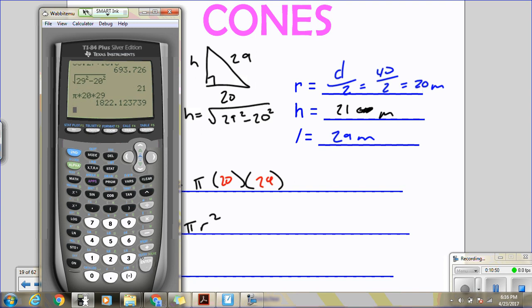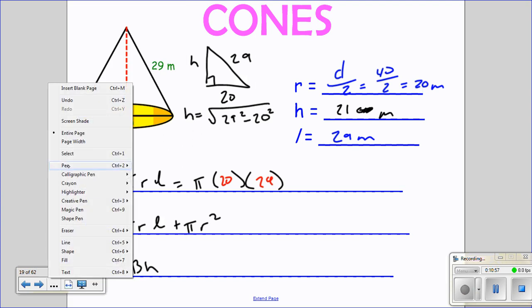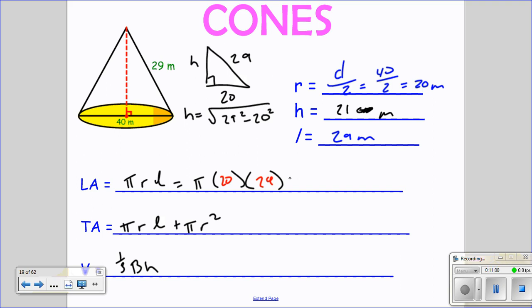So that's approximately 1822.12 meters squared.